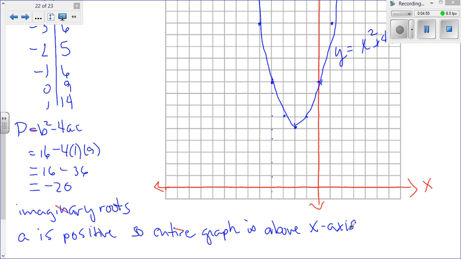And that comes out of my discriminant chart. And if you look at my graph, it works. If I have imaginary roots, it never crosses the x-axis.